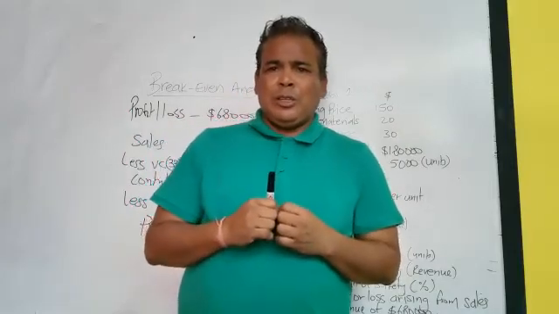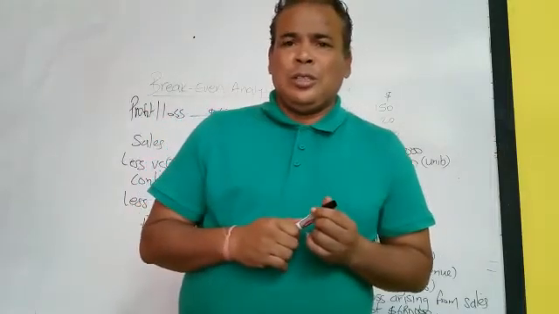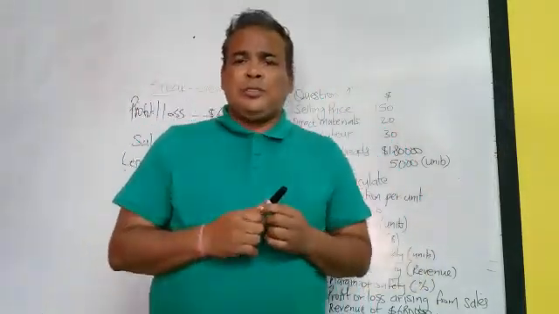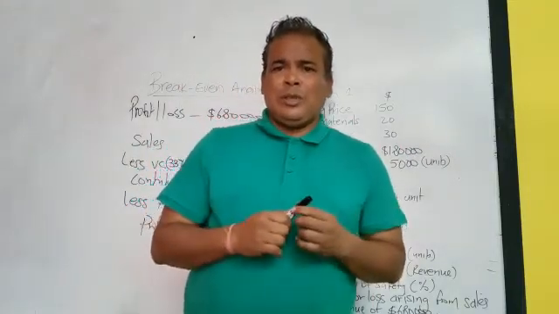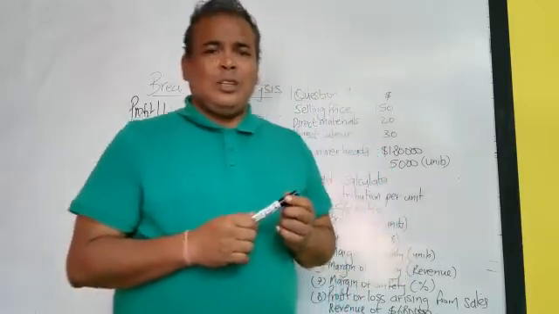If we reach the break-even point and we go below it, we are going to make a loss. So that's why it is important to know the margin of safety, the range within which the company can operate safely, the difference between actual sales and break-even sales.